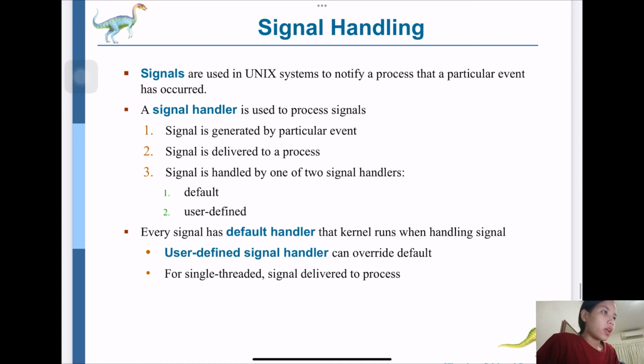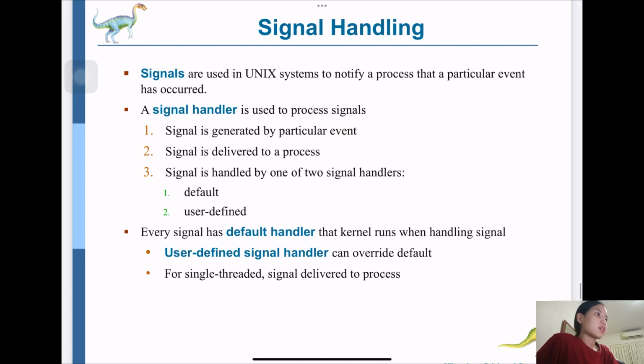A signal handler is used to process signals. A signal is generated by a particular event, delivered to a process, and handled by one of two signal handlers: default or user-defined. Every signal has a default handler that the kernel runs when handling the signal. A user-defined signal handler can override the default. For a single-threaded process, the signal is delivered to the process.